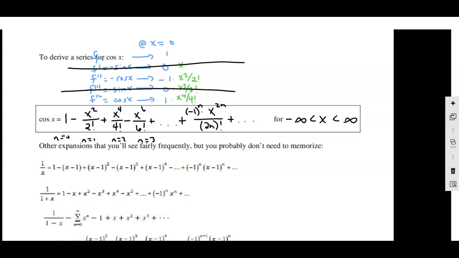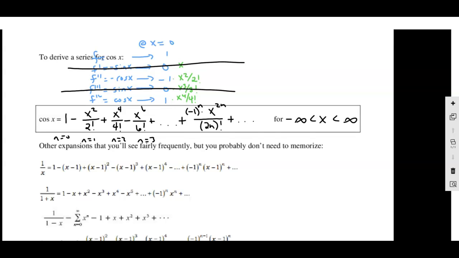Okay, so the exponential was everything, and it was all positive. 1 plus x plus x squared over 2 factorial plus, dot, dot, dot. All positive, and you had all of them. That was the e to the x expansion. The sine, it's going to alternate. Starts positive, but it alternates, and it's only the odd powered terms. So we had x minus x cubed over 3 factorial plus x to the 5th over 5 factorial, right?